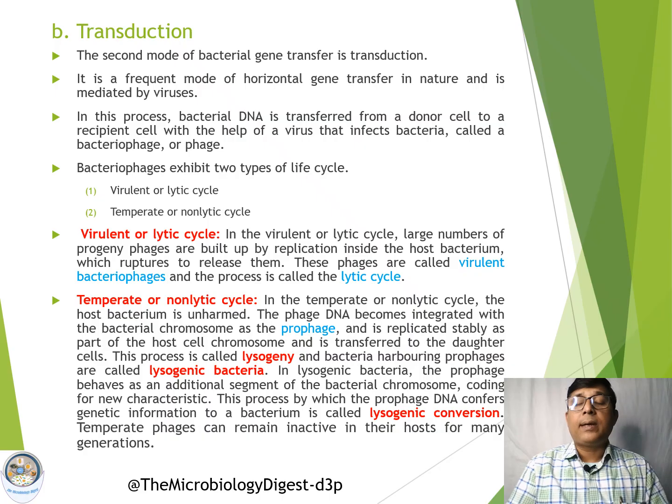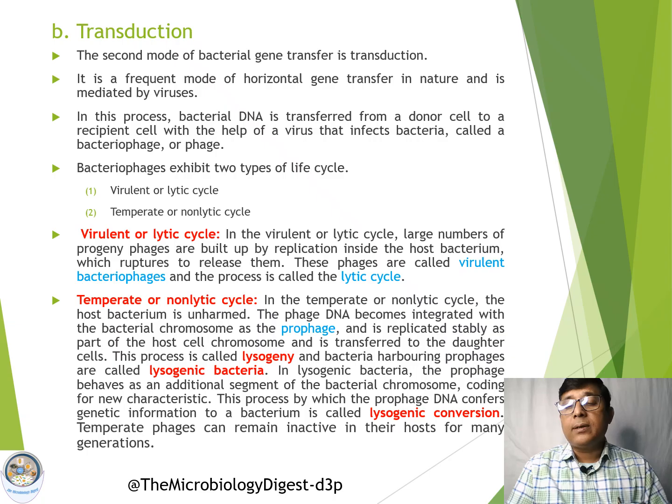The second type of life cycle is the temperate or non-lytic cycle. In this cycle, the host bacterium is unharmed. There will be no harm caused by the virus to the host bacterium. Instead, the phage DNA gets integrated with the bacterial chromosome, and this integrated phage DNA is called prophage.